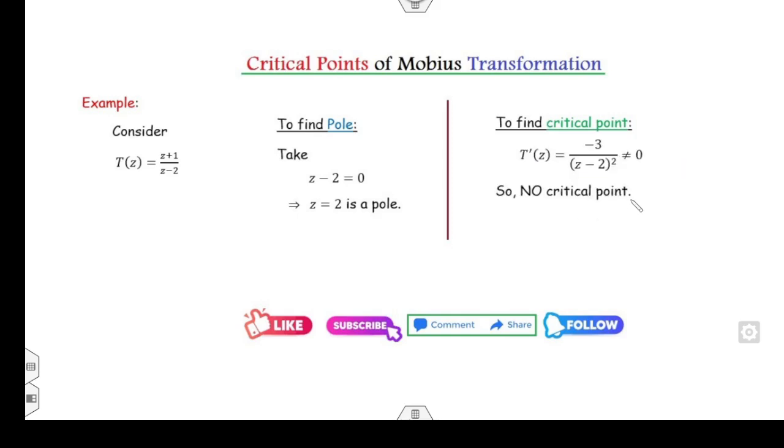Therefore, there is no critical point in the finite domain. But if somebody asks you to find the critical point in the extended complex plane, then what is the value of z? Then clearly z is equal to 2 is also the critical point, because the value of T dash at 2 becomes infinity.